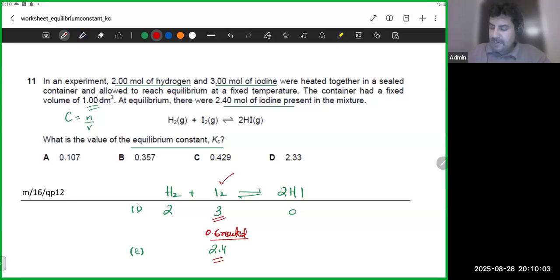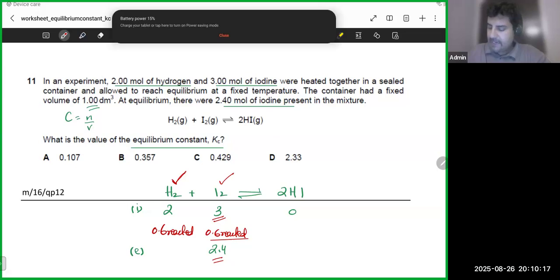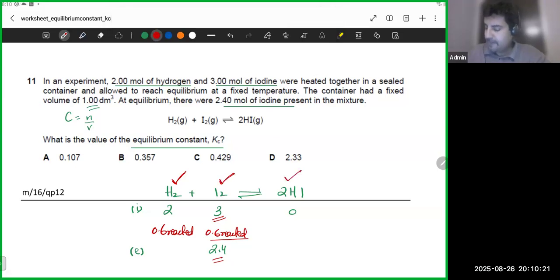So 0.6 reacted, so it's 1:1. So that means 0.6 of H2 would also react. And if 0.6 H2 is reacting with 0.6 I2, on the other side it's going to be double. So 1.2 moles of HI would be produced.